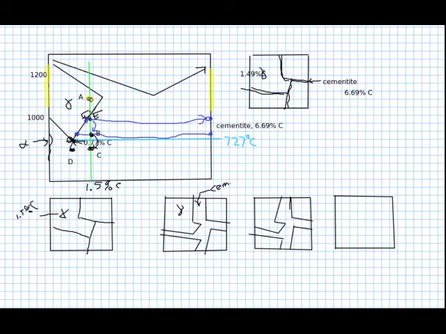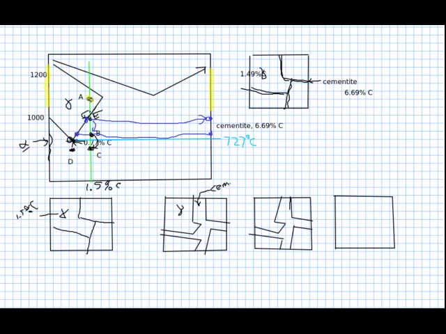And when I dipped below that temperature, the austenite had to separate into the alpha phase and the cementite phase. It all happened at once. So it didn't have time to make nice big crystals of cementite and nice big crystals of ferrite. So it made actually very fine layers of cementite and alpha, which is called ferrite.